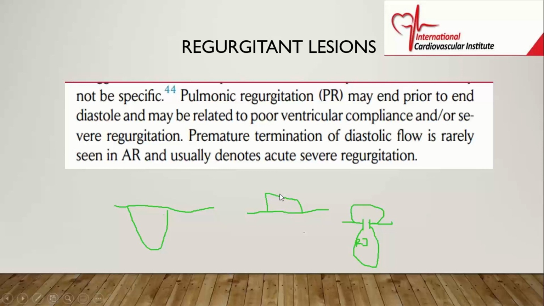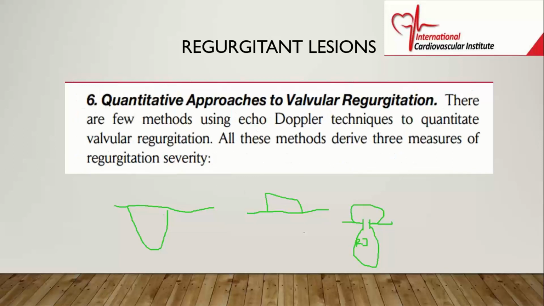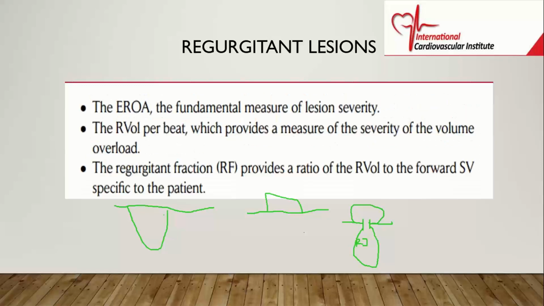If it stops short, so you have your ECG to map this, and if it stops short, then it suggests acute severe PI or AI. So those are some qualitative things that you can do on all your valves, but more important is the quantitative assessment.